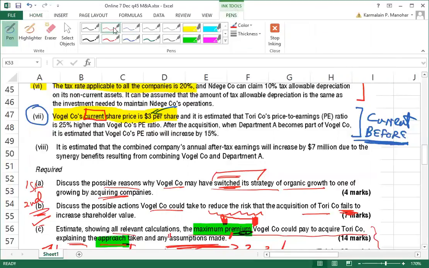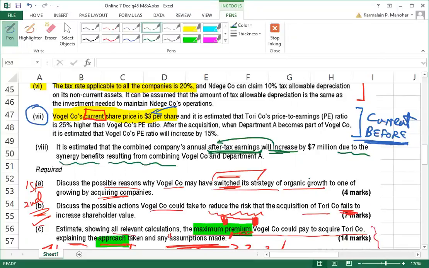It's a value being generated due to the synergy benefits. So it's not the value of the synergy benefits, but an increase in after-tax earnings. This is just a bit of the earnings, so I cannot put that into the last column.